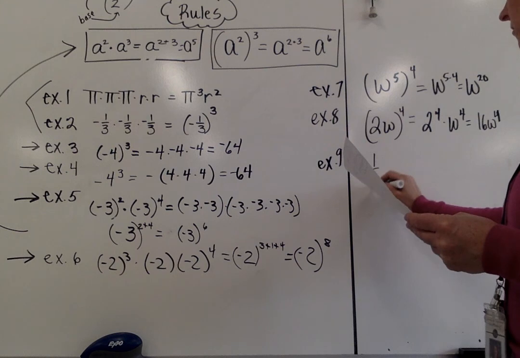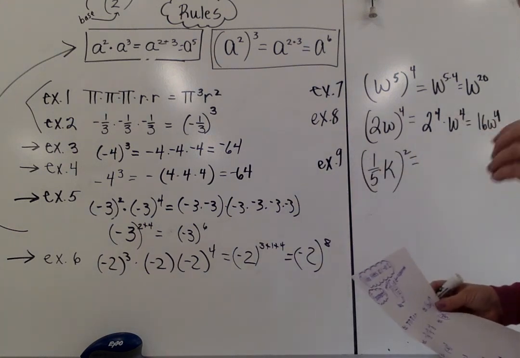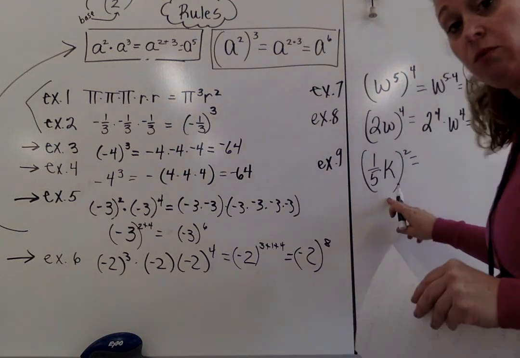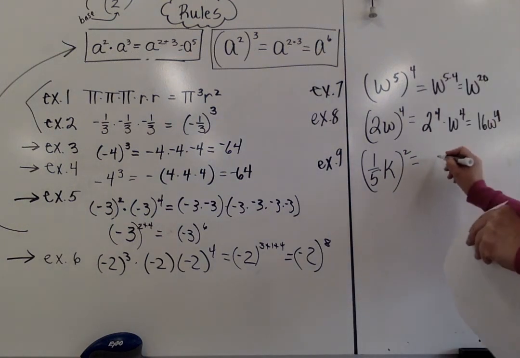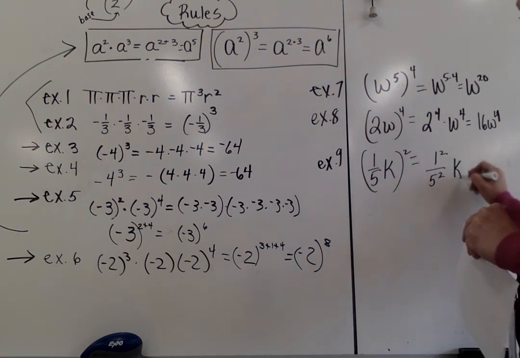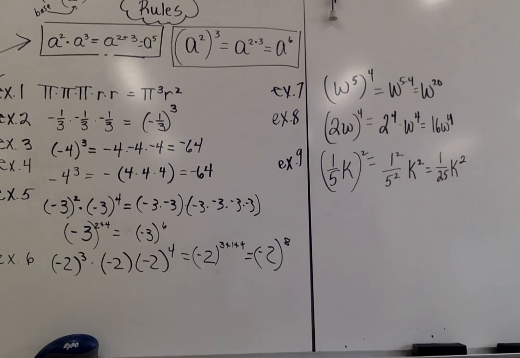So if I have 1/5 k to the 2nd power, every single part of the base needs to be raised to the 2nd power. So I have 1 to the 2nd power, 5 to the 2nd power, and k to the 2nd power. Now in this case, I'm going to evaluate. 1 squared is 1, 5 squared is 25, and k to the 2nd power is k squared.